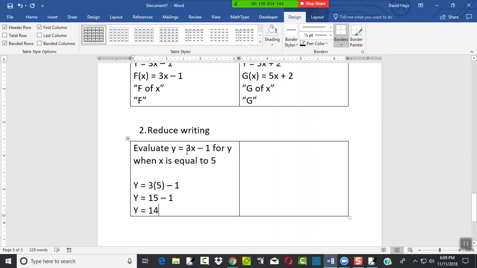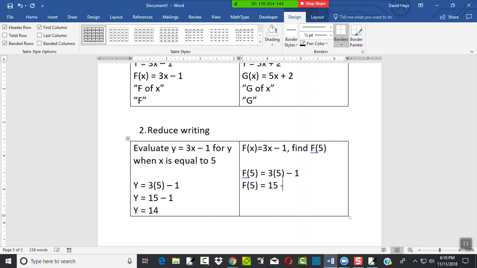Now instead of writing it with those words, you can simply say f of x is equal to 3x minus 1. Find f of 5. So it reduces writing. Now this is solved exactly the same way. We'll say f of 5 is equal to, and then we'll plug 5 in for the x.